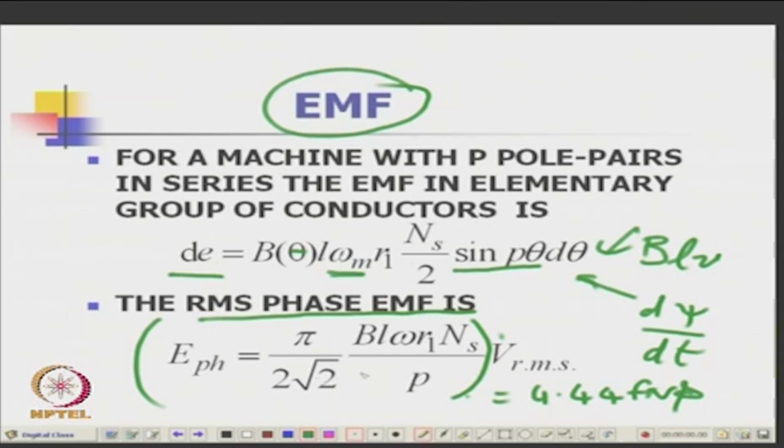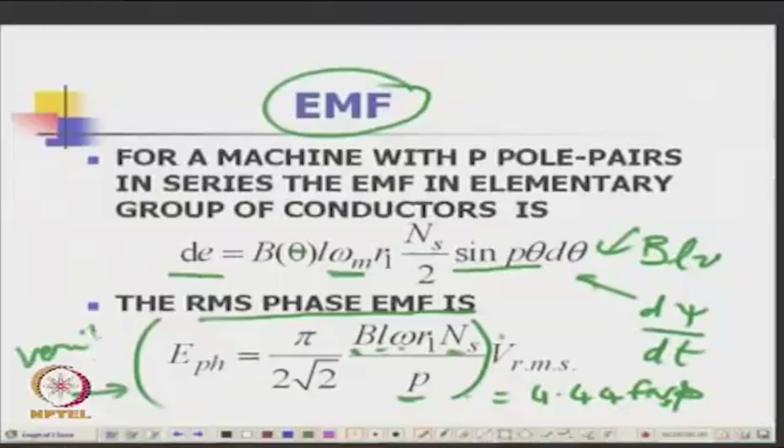This can also be told in a different way: B L omega, where omega is 2 pi f, phi is the flux per pole, N is the number of turns, and P is the pole pairs. You can verify these things. This is the voltage induced for each phase of the stator.